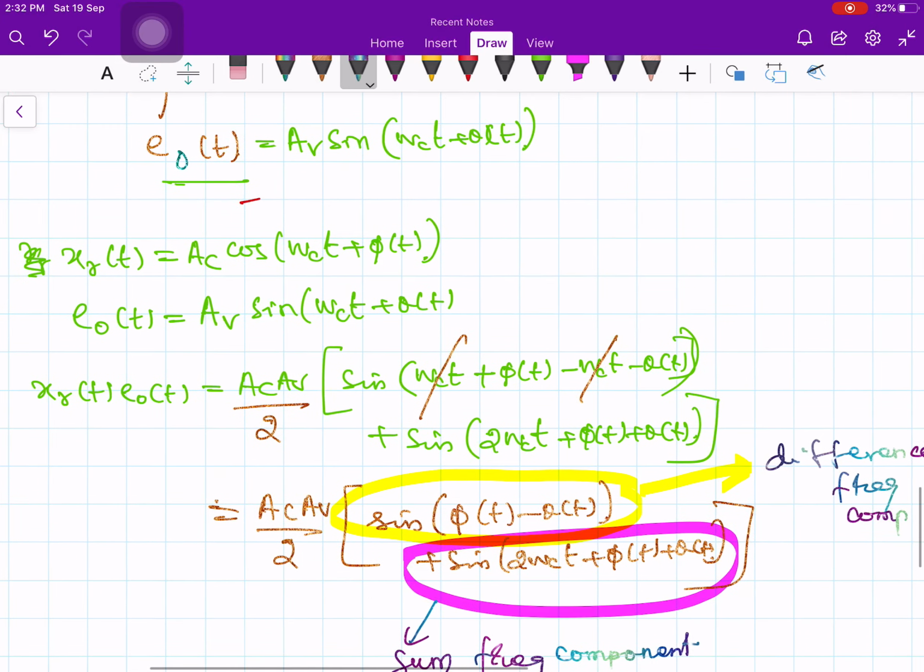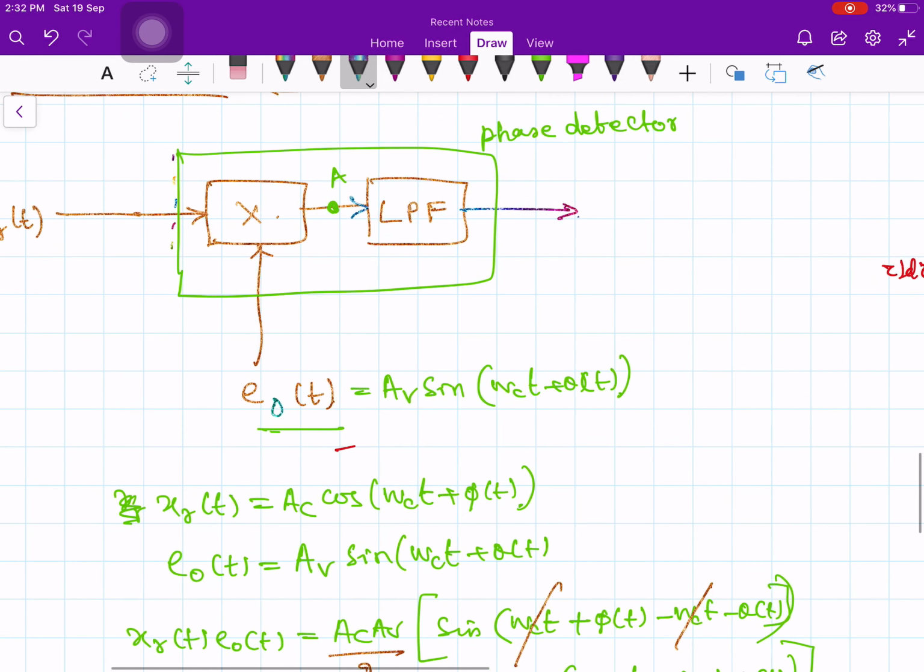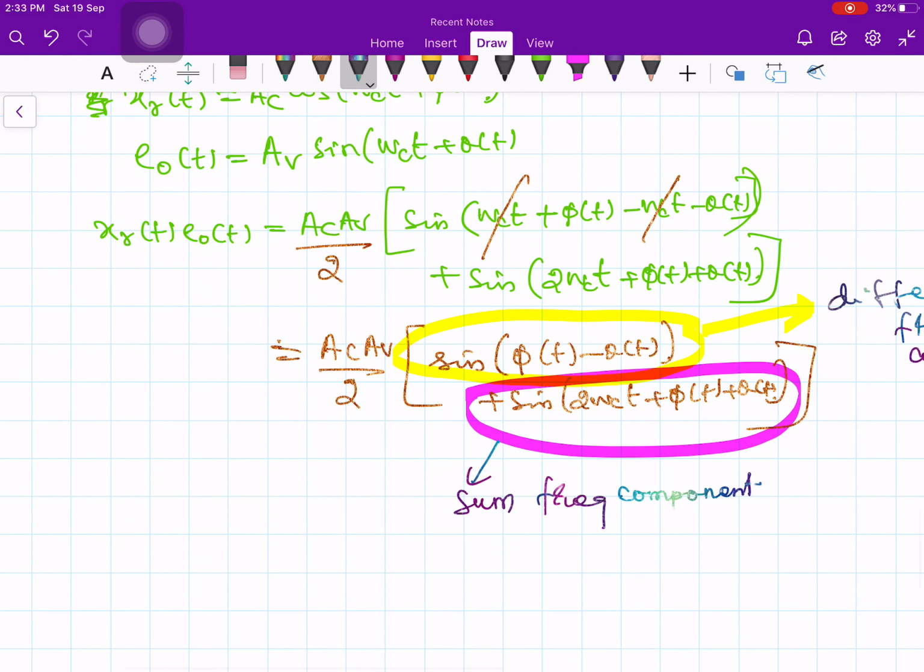Now if you pass these two to the low pass filter, then this 2 omega c is a very high frequency, so it will be rejected. So the sum frequency component will be rejected, and the difference frequency component will be the low pass component.